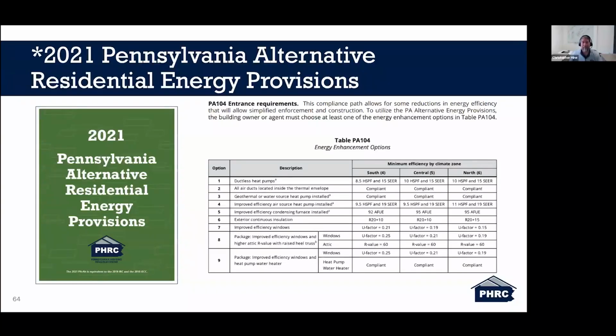For this example, I'm going to say it has to be new construction, and the project that we're using is in climate zone 5, or the central climate zone, and I'm going to use number 5 option, which is improved efficiency condensing furnace installed, and it's greater than a 95 AFUE. So that satisfies my one entrance requirement.